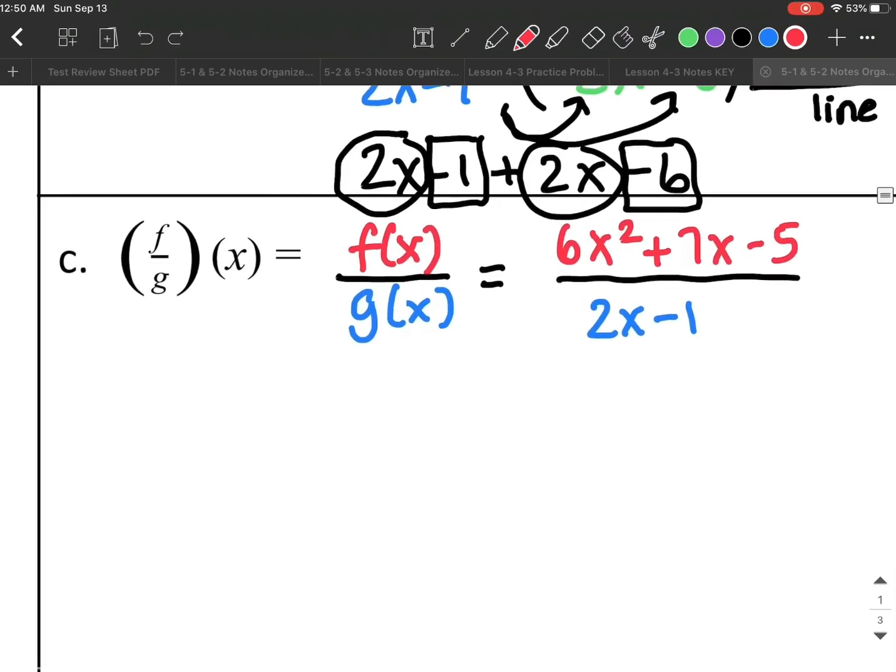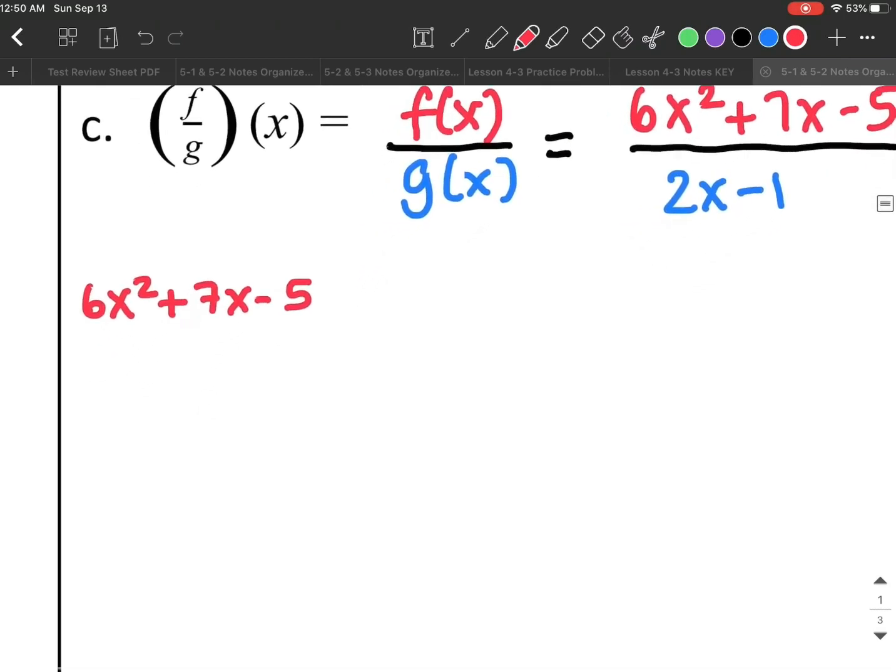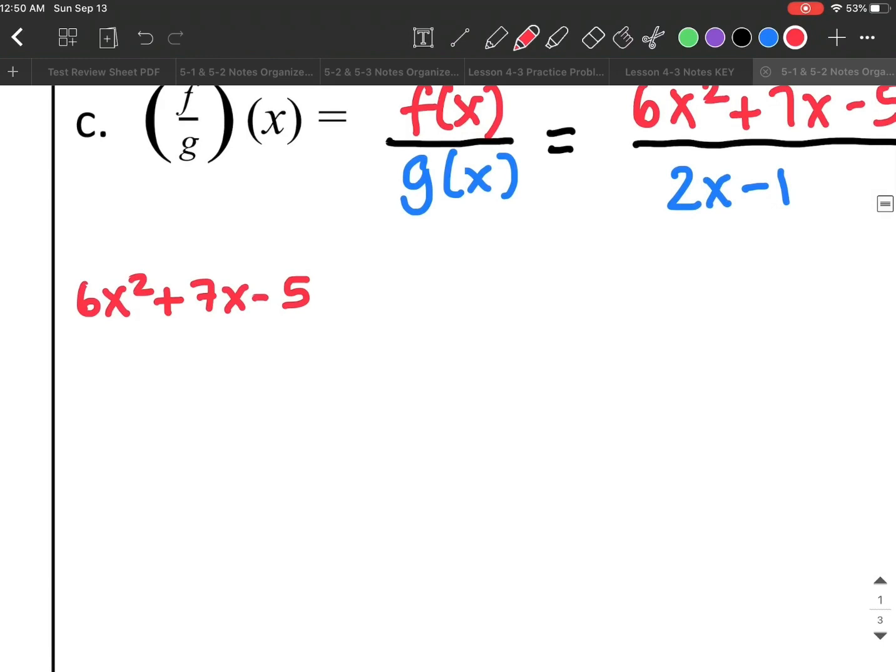If you forget how to do this, I have 6x squared plus 7x minus 5. The first thing I'm going to do is make that diamond. In that diamond, I'm looking for two numbers that multiply to a certain number and add up to a certain number. What I want them to multiply to is a times c. This is ax squared plus bx plus c.